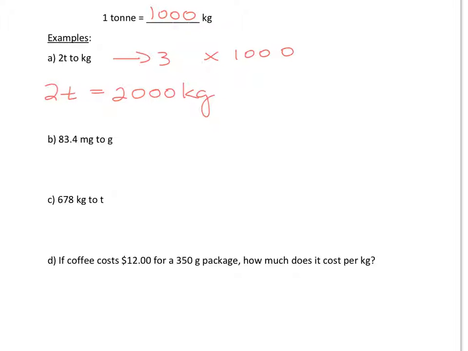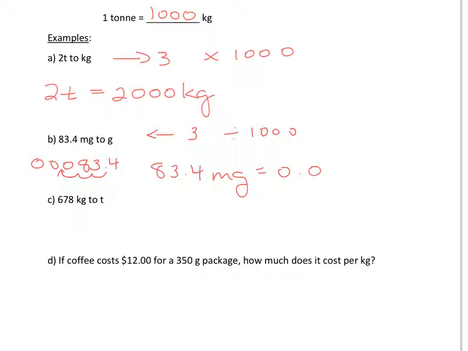We're going to the left 3, so we're dividing by 1,000. So again, we can put a bunch of zeros in front of what we've got and move that decimal place 3 spaces. So 83.4 milligrams is equal to 0.0834 grams.